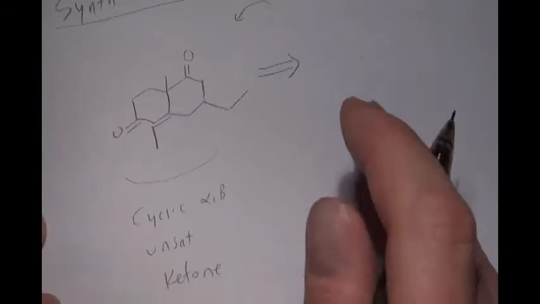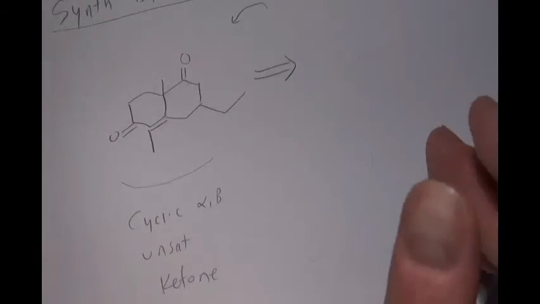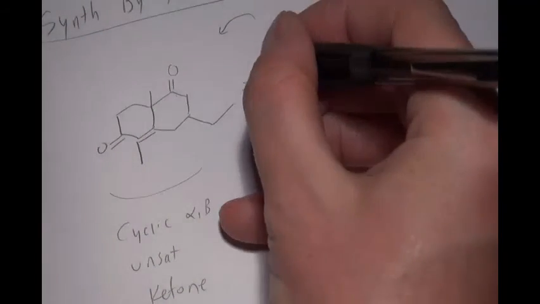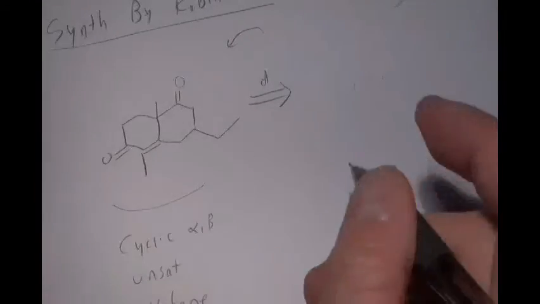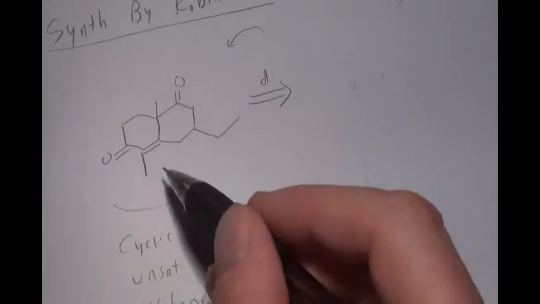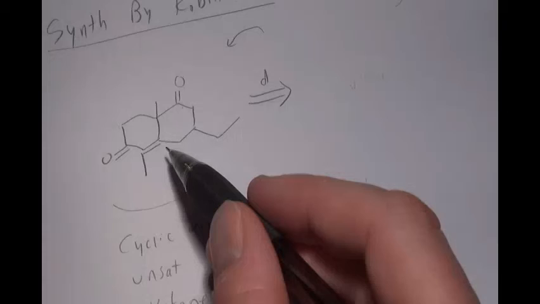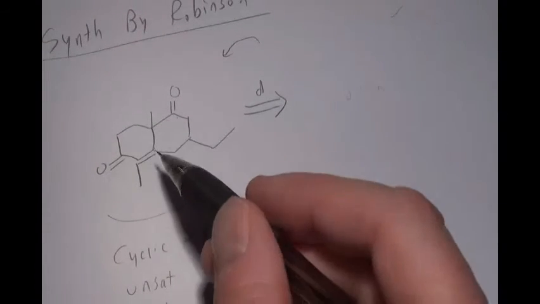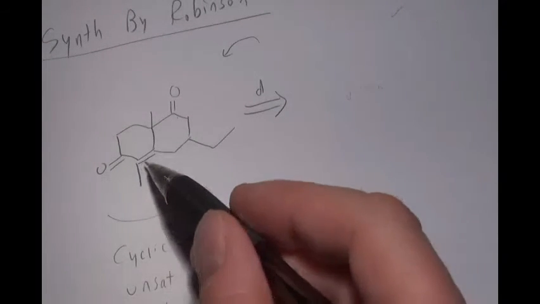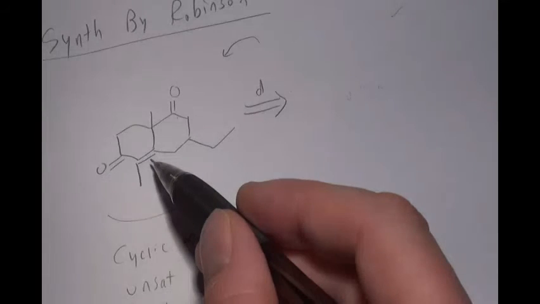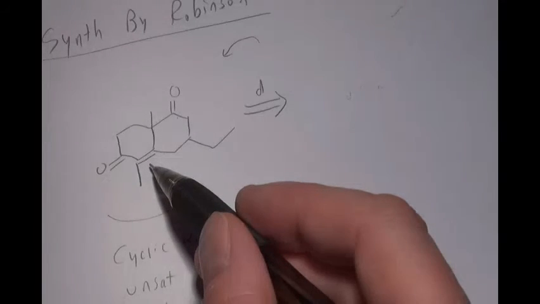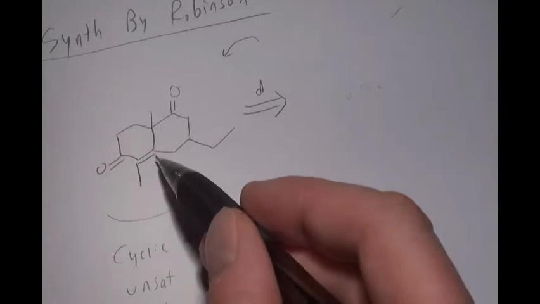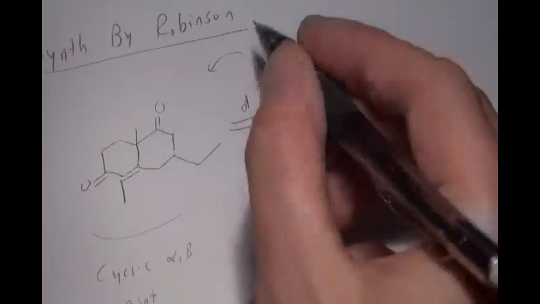Okay, if we're doing a 4-step process, A, B, C, and D, what's the last step? It's D. And what was the last step? The last step was dehydration of a beta hydroxy ketone to make the alpha beta unsaturated ketone. So I can envision now this not be an alkene, but maybe a hydroxy at the beta position. So let's draw that.